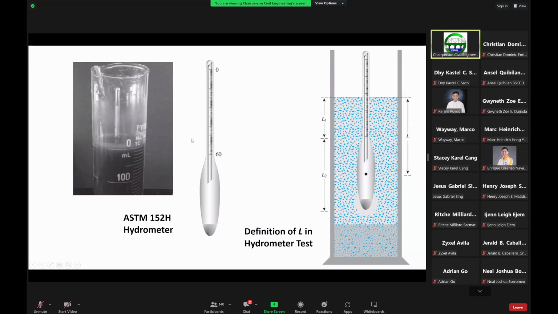The L in the formula is basically the distance from the water level to the center of the hydrometer. So that's the definition of your L.